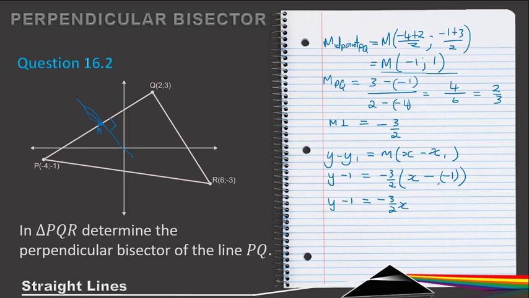This becomes plus 1, but if I multiply it with negative 3 over 2, it becomes negative 3 over 2. And take the 1 over, y is equal to negative 3 over 2 x minus 3 over 2 plus 1. And that simplifies to negative 3 over 2 x. This is the same as 2 over 2, so this would be the same as negative a half. And that's my perpendicular bisector.